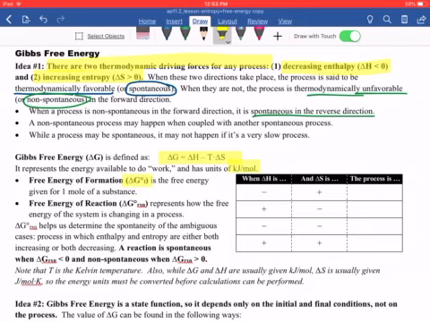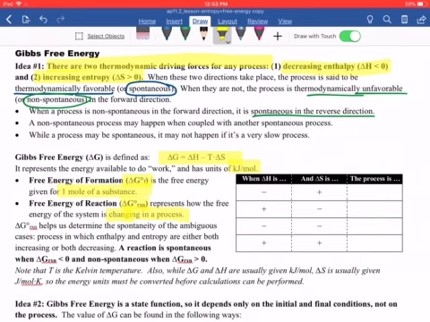The degree sign means standard, so it's the change of Gibbs free energy of formation, the little f, at standard state, is the free energy given for 1 mole of the substance. Whereas free energy of the reaction, represented by Rxn, represents how the free energy of the system is changing in the process.